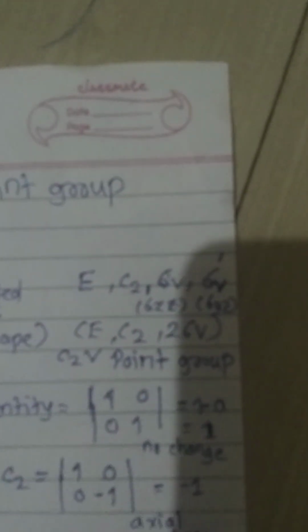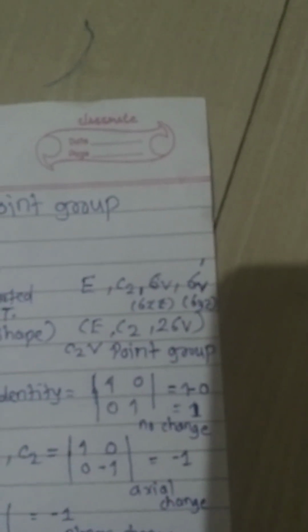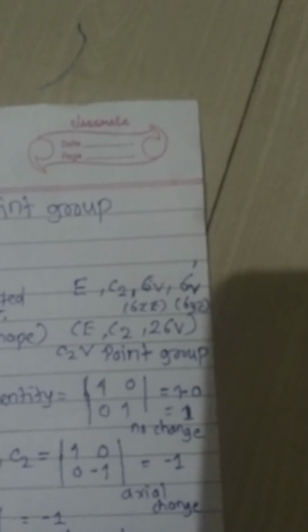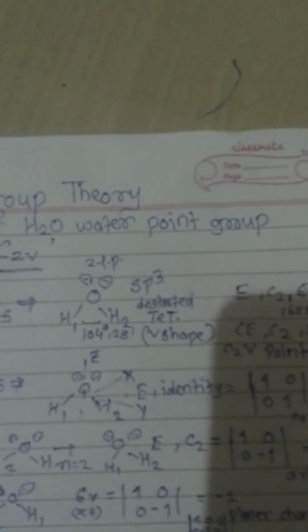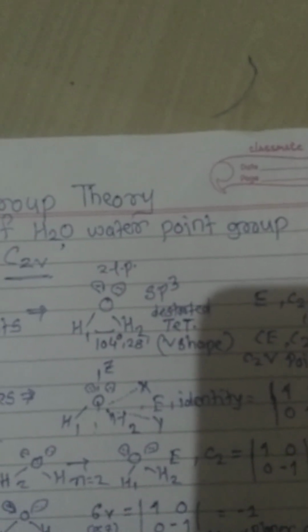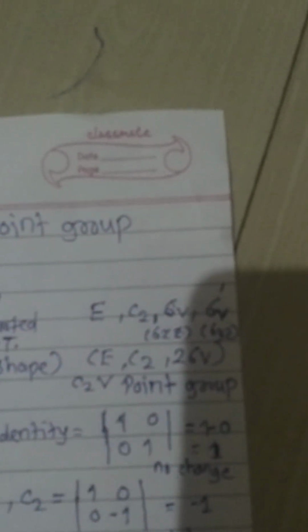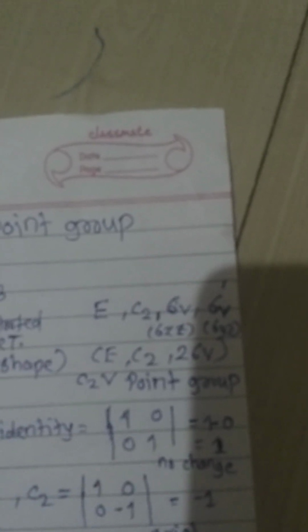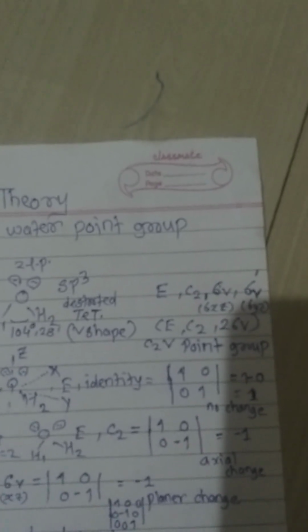Water has two vertical planes of symmetry, sigma v and sigma dash v, that is sigma xz and sigma yz, because when the plane passes through lone pairs it is one plane, and if it passes through hydrogens it is the other plane. So that is sigma xz and yz. So water has four symmetry elements: E, C2, sigma v and sigma dash v.